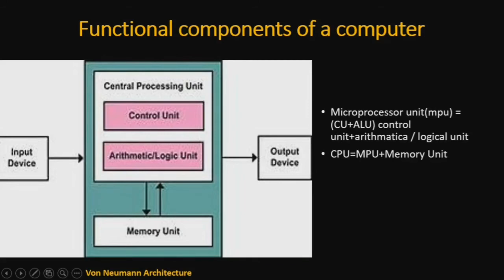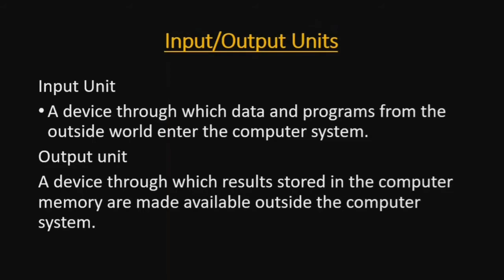So microprocessor unit means the control unit and the arithmetic and logic unit together, and the total CPU equals the microprocessor unit plus the memory unit. These are the divisions of the central processor. This is known as John von Neumann architecture. Based on this principle, the computer is working.